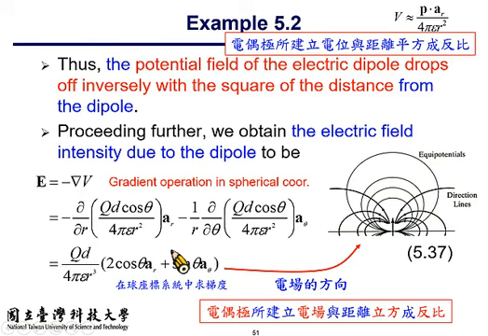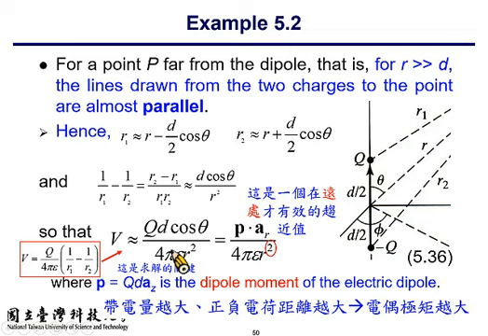So in this slide, we have derived the expression for the electrical potential established by the electrical dipole. And we have done this relatively easily. You're just taking the approximation of this calculation, right?